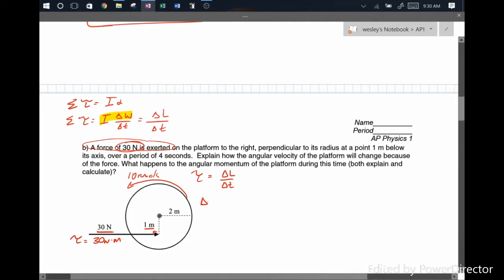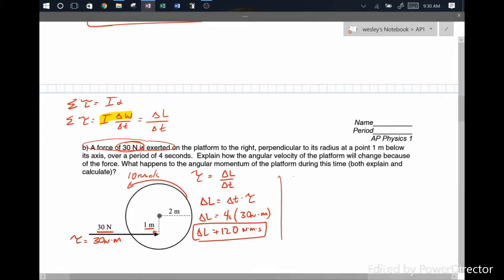So if we rearrange this, the change in angular momentum, delta L, is going to be the change in time times our torque. So delta L in this case is going to be the change in time, 4 seconds, times our torque of 30 newton meters. Our change in angular momentum is going to be 120 newton meter seconds. And it's going to be an increase in angular momentum.